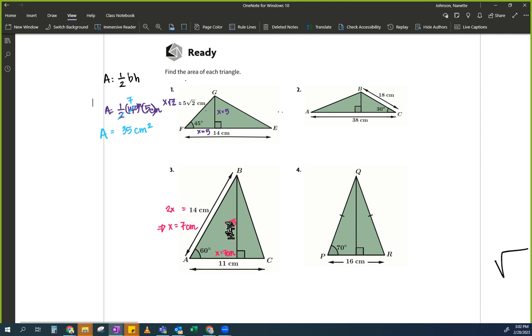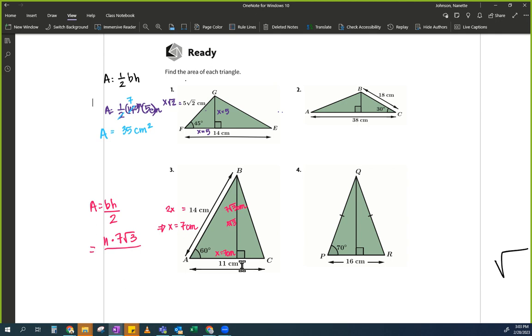So if that's 7 centimeters, then that's going to be 7 root 3 centimeters. And now you have your base and your height, and you're going to divide by 2. So let's do that. Area equals base times height divided by 2, equals base is 11 times height is 7 root 3, divided by 2.